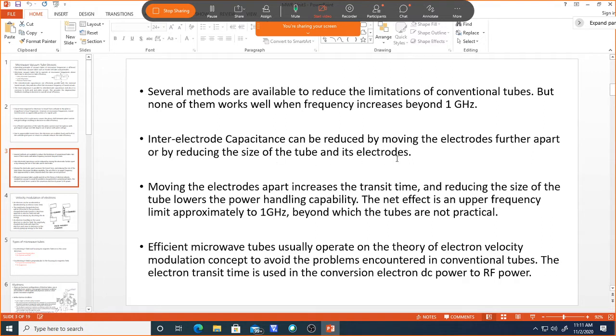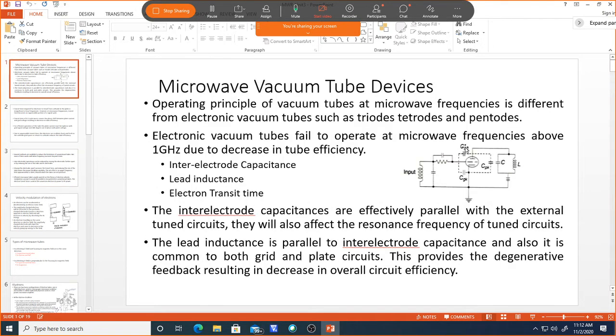What are the methods? Just putting the electrodes between the grid and cathode far apart, so the size of the tube reduces and the inter-electrode capacitance is reduced. If the inter-electrode capacitance is reduced, the tube efficiency will increase.